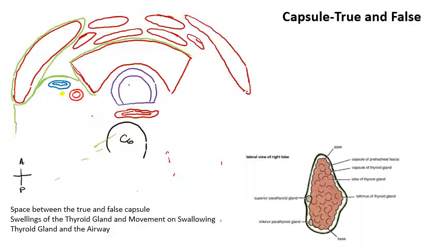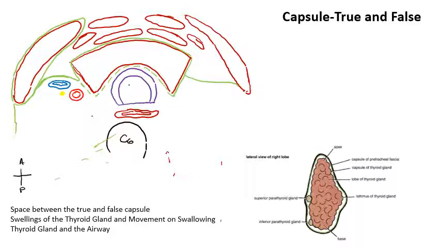It enclosed it. But the posterior lamina of this particular fascia was not so well developed, but the anterior lamina was very well developed. This would be coming from this particular side.